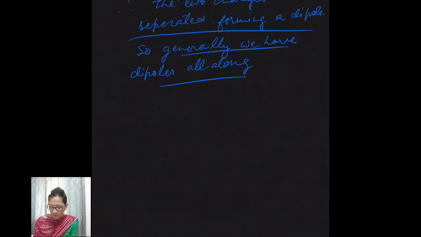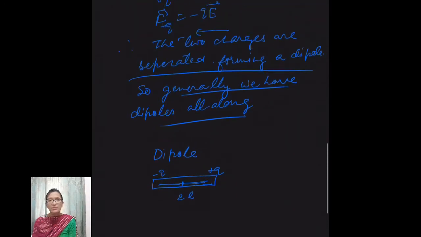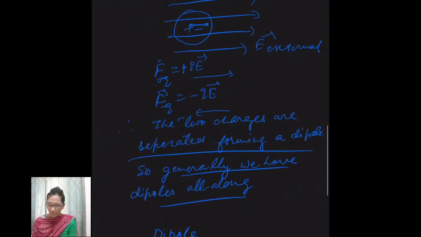So dipole: when two small equal and opposite charges, plus q and minus q, are separated by a small distance, let the distance be 2l. The distance from the center is l in one direction and l in the other direction, so the distance is 2l. Such an arrangement of charge is called a dipole.